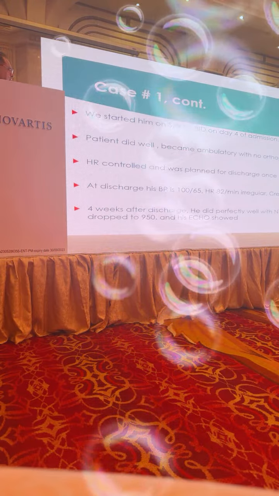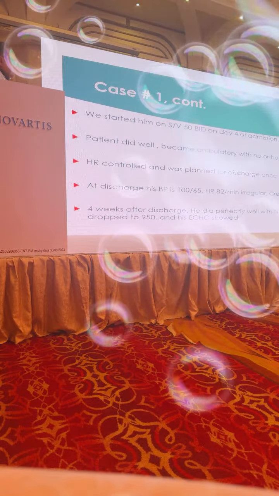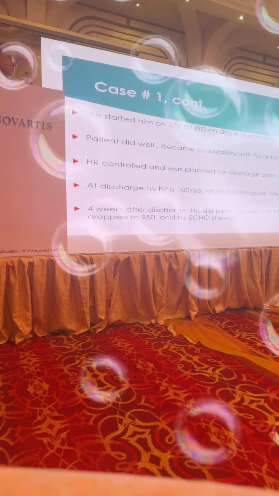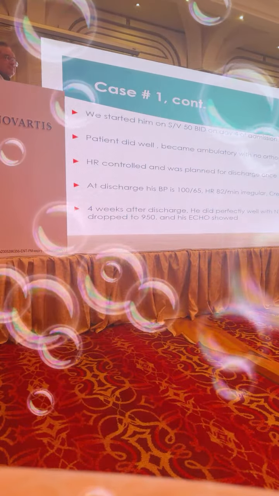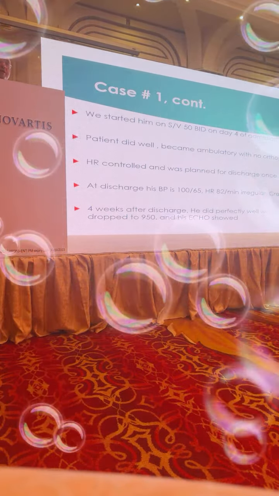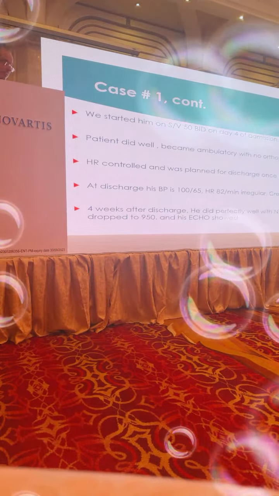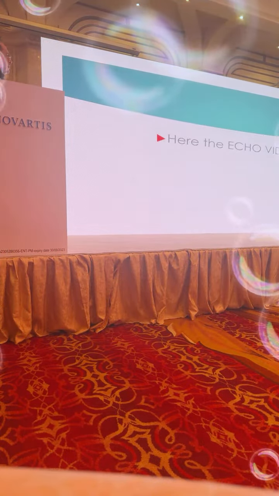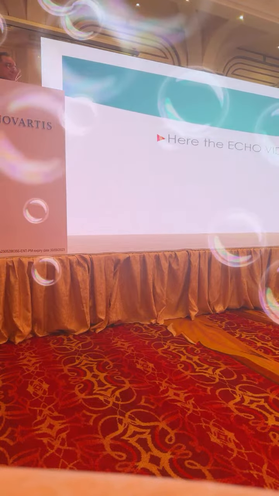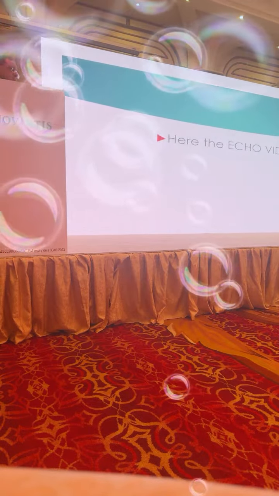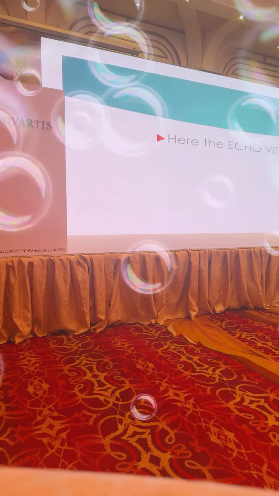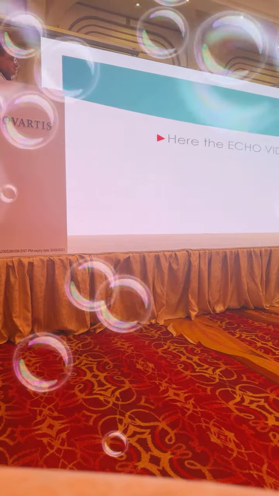He went down to NYHA class 1 to 2, and the proBNP dropped from 4,500 to only 950. So your decision is right. Right? Here is a video to see when the patient was at 15%, and now it has become approximately 35. Video.